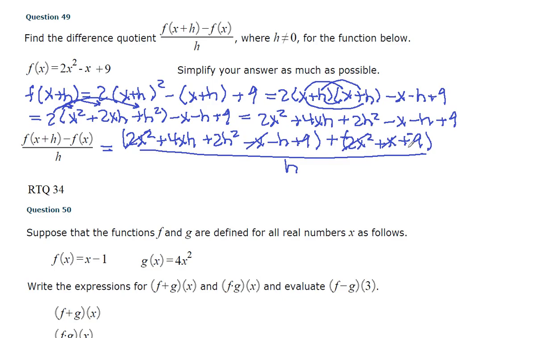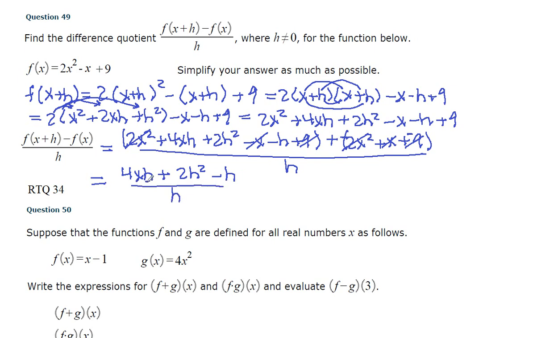Positive 9, negative 9, they cancel, they add to 0. So what do we got left? 4xh plus 2h squared, and then minus h, all over h.